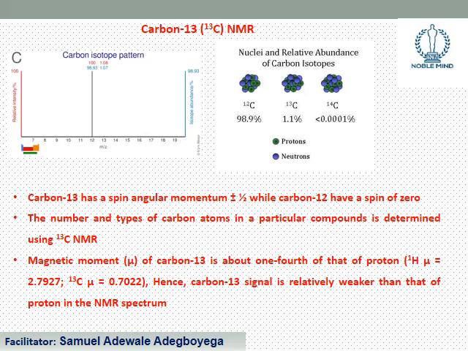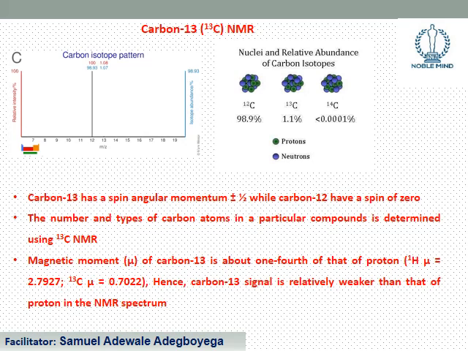The training has been organized by Noble Mind Spectroscopy, or Team Spectra as you may call them, and some other resource persons have discussed mass spectroscopy, and some have talked about Fourier transform infrared spectroscopy.